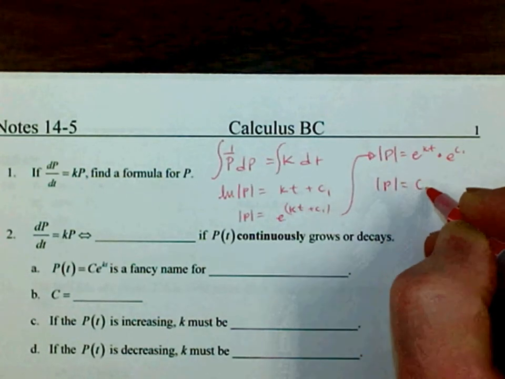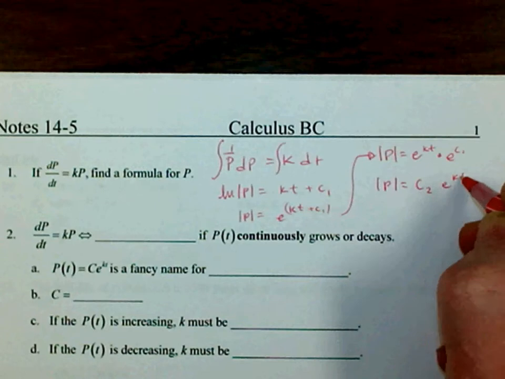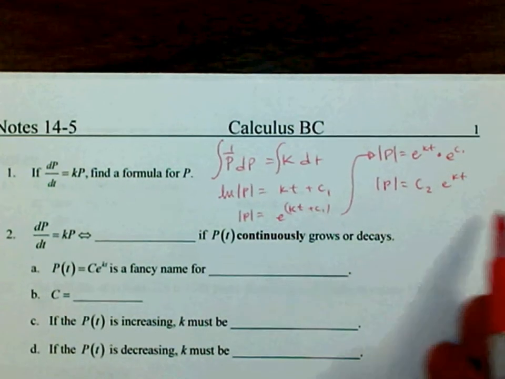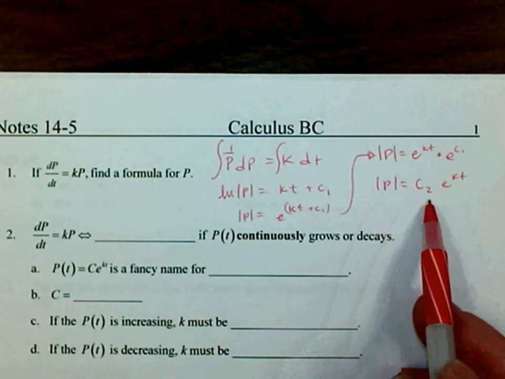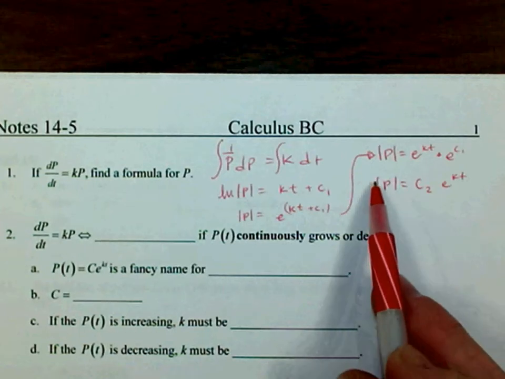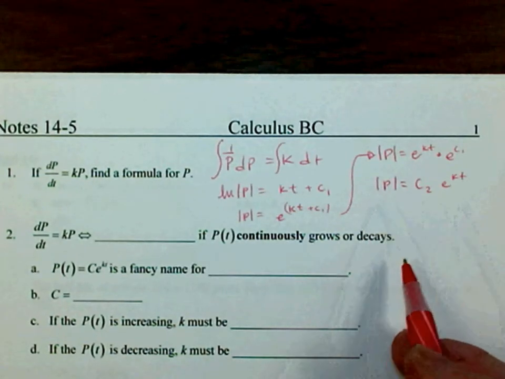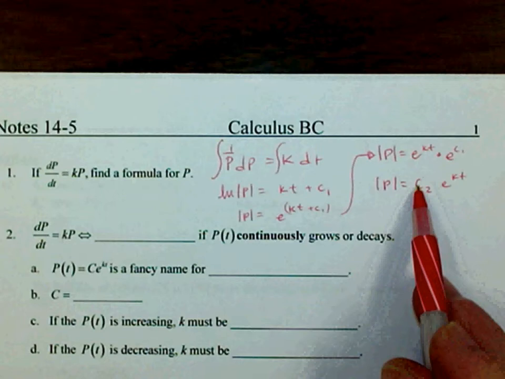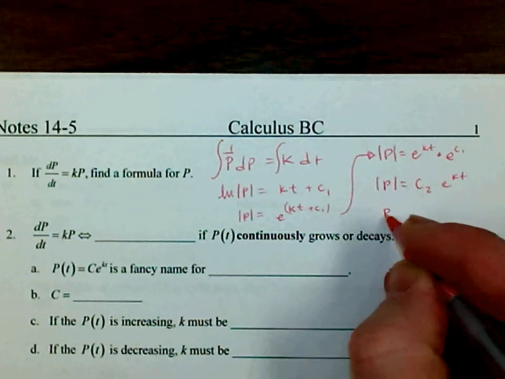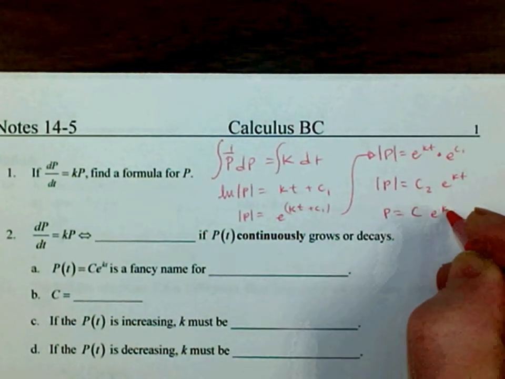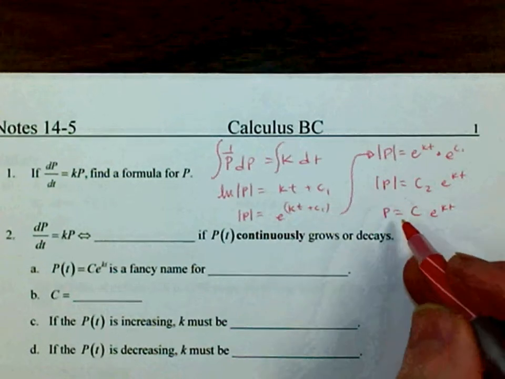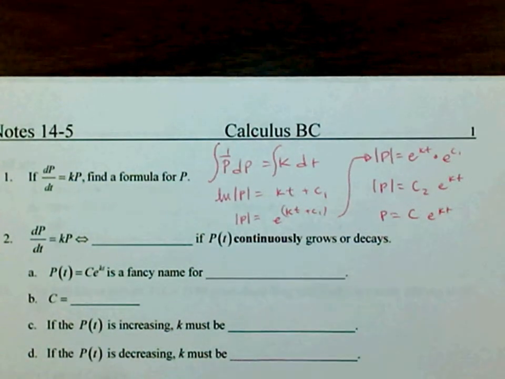I'll call that c2 times e to the kt. And this is going to be either a positive or a negative value, depending on what P is. So we'll make this c just plain old c, and that'll take into account this positive or negative value.